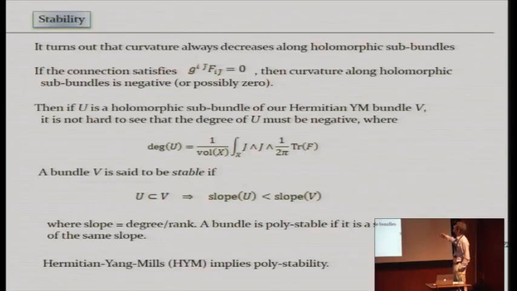Okay? So the way that it's expressed is by saying that if you have a holomorphic bundle, then the curvature along holomorphic subbundles always decreases, or at least it's non-increasing. It might be 0. That's a general nice property of holomorphic bundles. It doesn't hold for real geometry, but it's true in complex geometry. Okay, so now let's see what this implies when the Kähler trace of F vanishes.